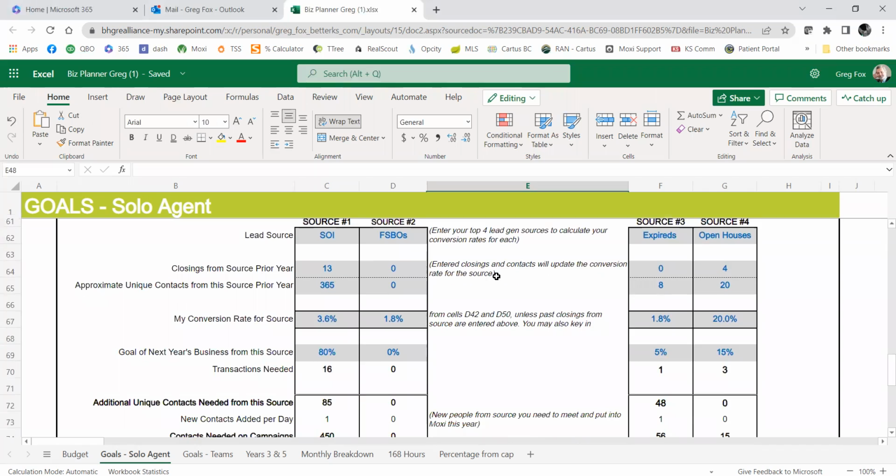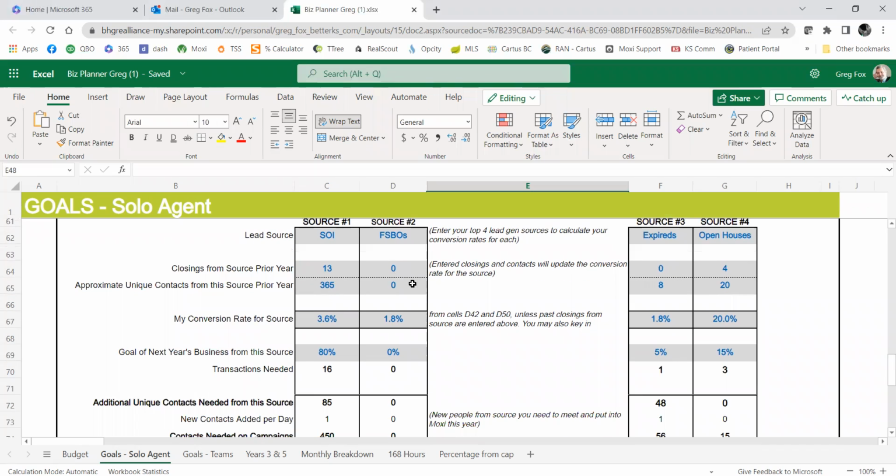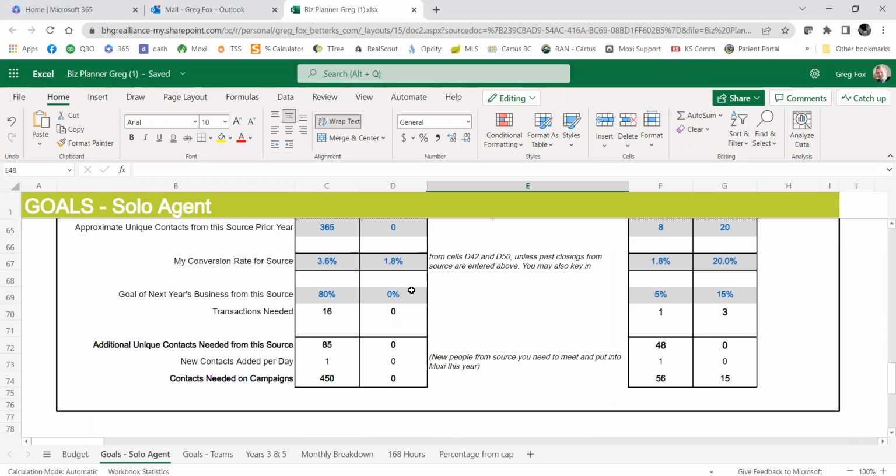And now let's look at these lead sources. Now I can already hear some of you say, I've never worked a FSBO in my life, and I'm never going to work a FSBO. Okay, you can say that if you want. Put in here, I had 0 from last year, and I want 0 for this year, and it takes all of that out of your calculation. Do you understand?